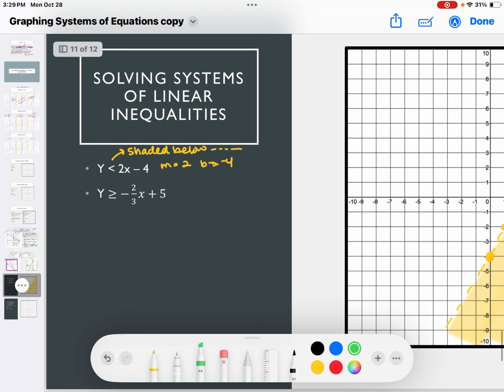Okay, and then this one, greater than or equal to, is going to be shaded above, and a solid line. Slope is negative 2/3, y-intercept is 5.